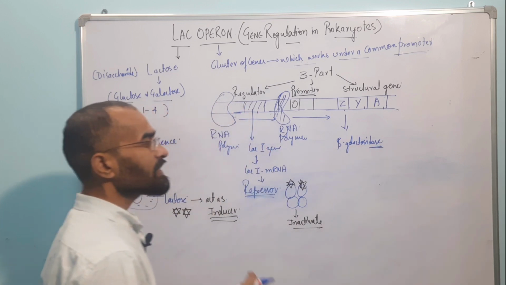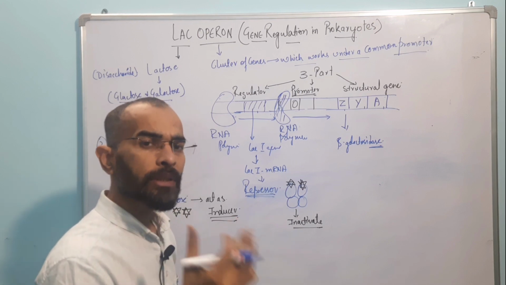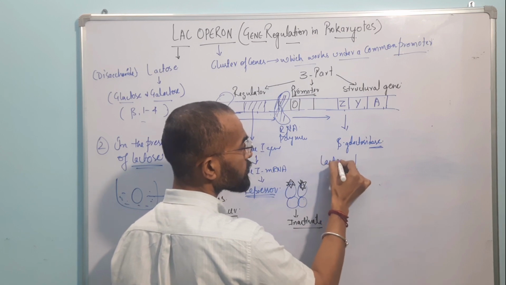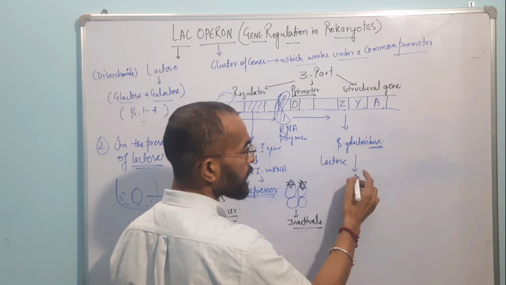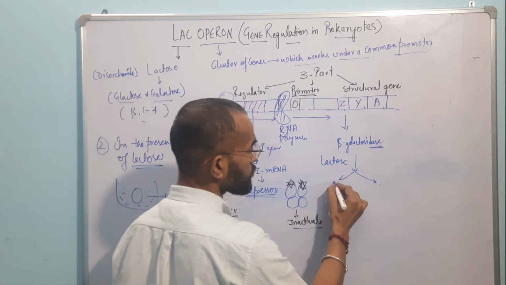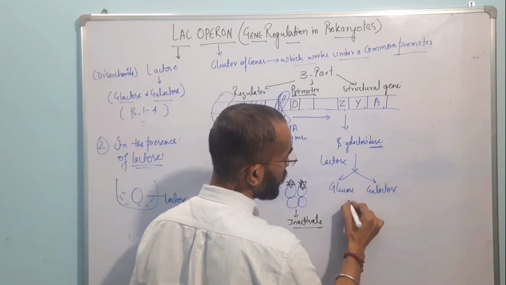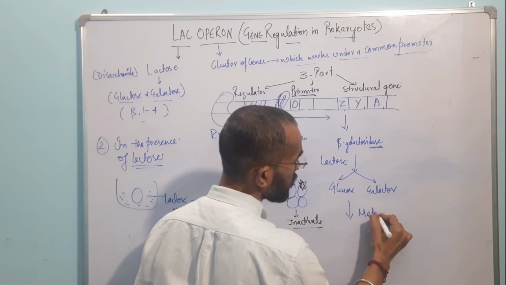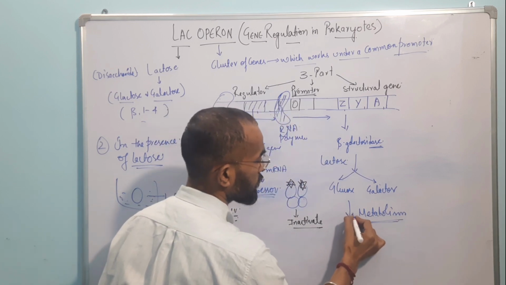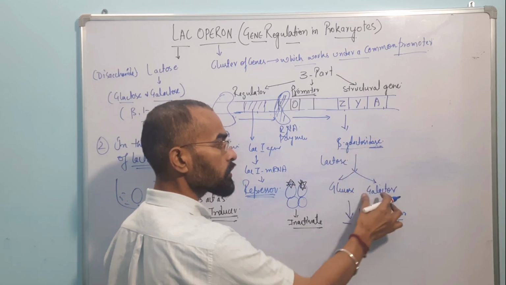Sidase means it is that enzyme which catalyzes, which breaks a substrate. And now here, what is our substrate? Our substrate is lactose. Beta galactosidase breaks down the lactose into glucose and galactose, which is further used in metabolism. This is not our part of study today, but we can say that lactose is broken down by beta galactosidase into glucose and galactose. That's it.